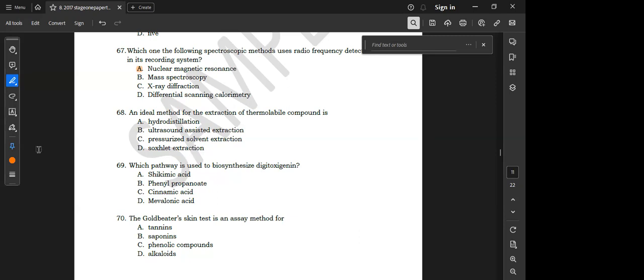I think pressurized solvent extraction creates a temperature higher than the boiling point of the solvent, and for a thermolabile compound we don't want that. That's basically superheating, and you don't want that because you'll destroy your extracts.